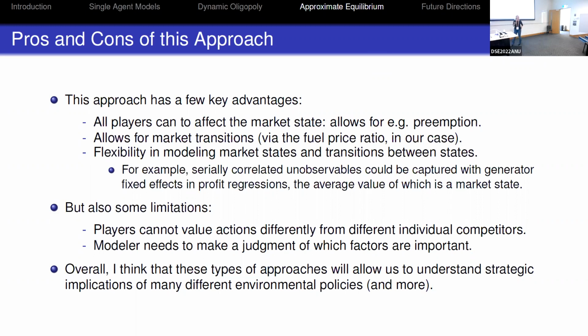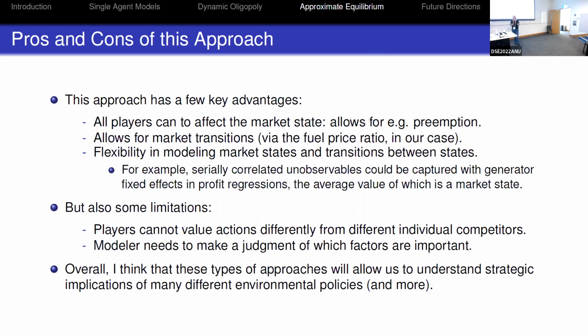That can't matter, right? I can't care about the identities. And in particular, just like in MME, where there's this choice over who's dominant, who's fringe, you have to use judgment here. You have to choose what are the right aggregate states to follow. What do we think are the most important things that affect flow utilities, that affect profits?